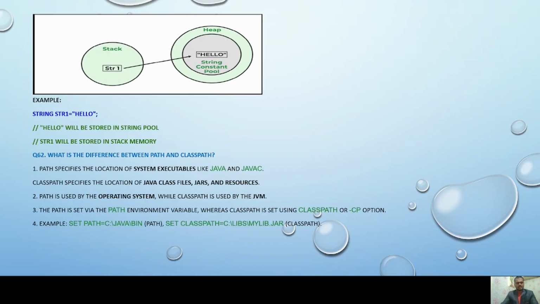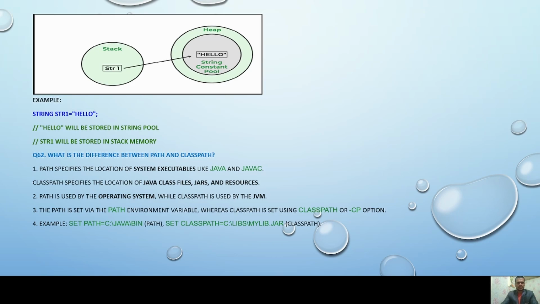Next question. What is the difference between path and class path? Path specifies the location of system executables like Java and Javac. Class path specifies the location of Java class files, jars, and resources.